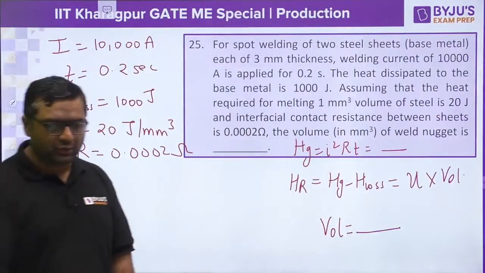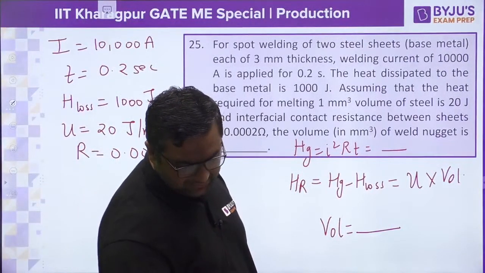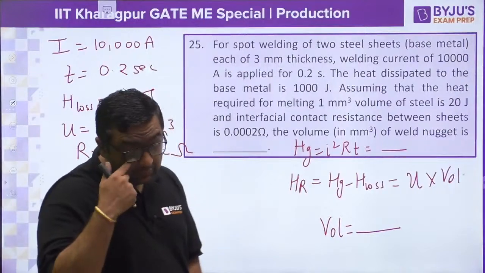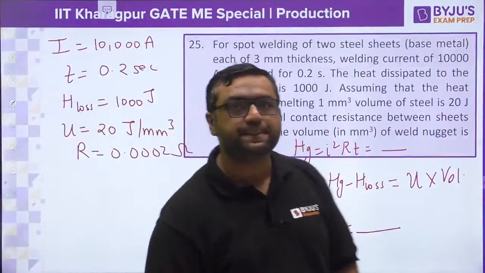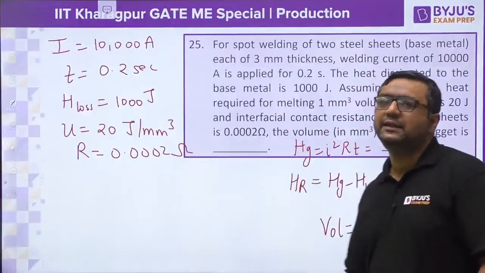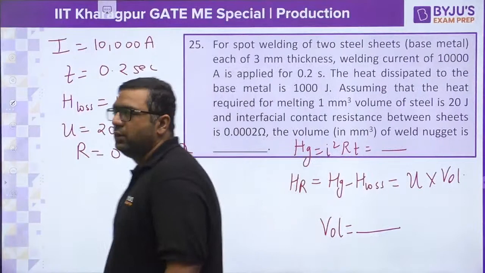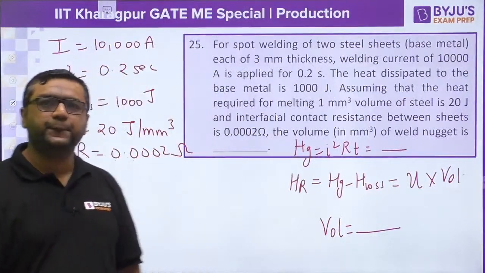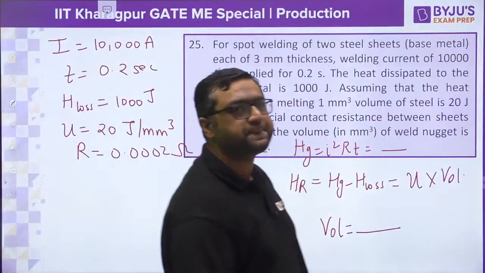Ankit Tripathi is saying 200 mm cube. Okay. What about others? Parvinder Singh is saying 150 mm cube. Okay. Sanin is saying 150.